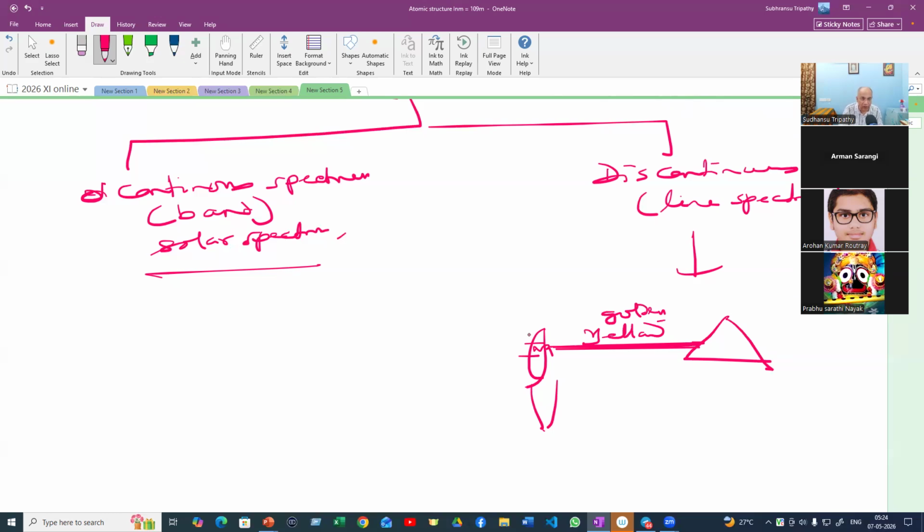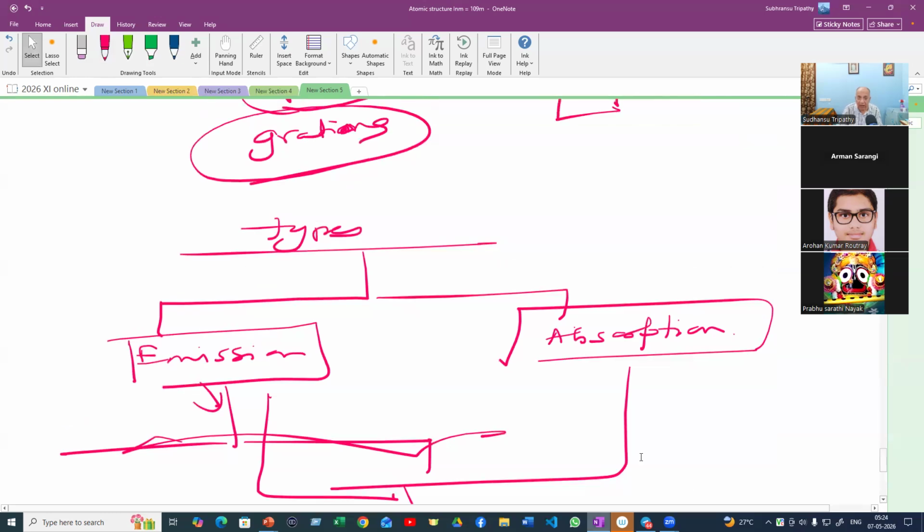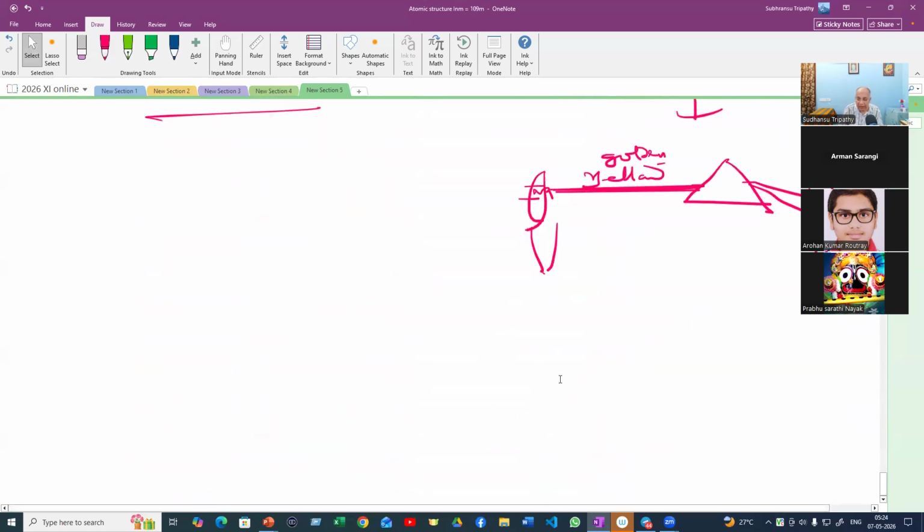When this golden yellow light passes through a prism and you hold a screen, you will find it is dispersed into only two monochromatic lines. One is 5890 angstrom, and the other is 5896 angstrom.